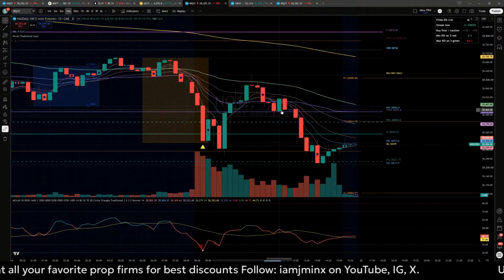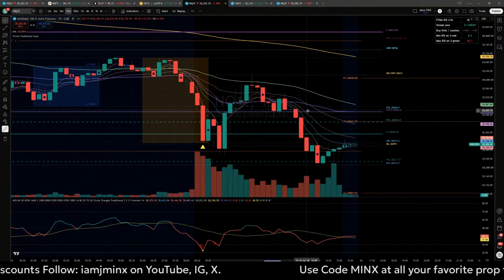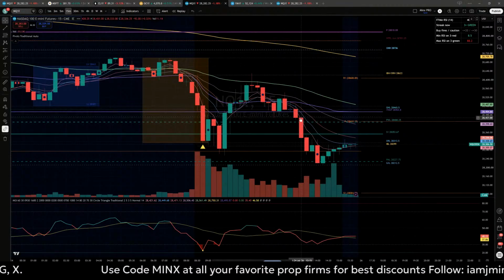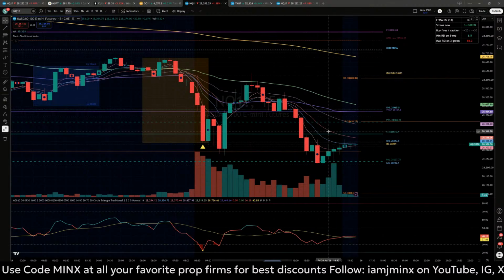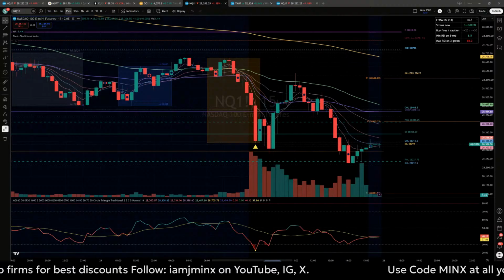I would have been wicked out at 17.5 points. Now, if it went back under my key level, retested it and rejected it, that's when I would have entered. So you just have to have a hard stop loss.